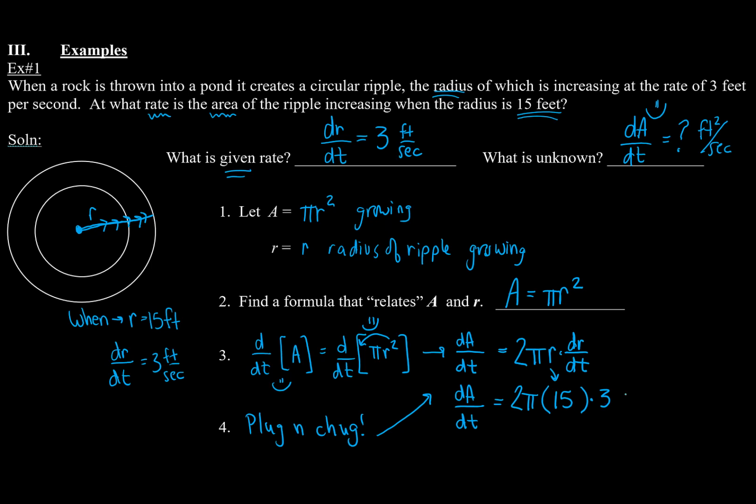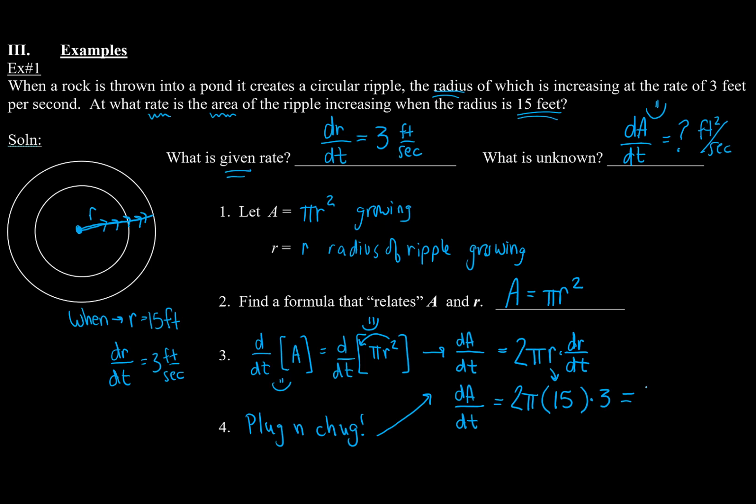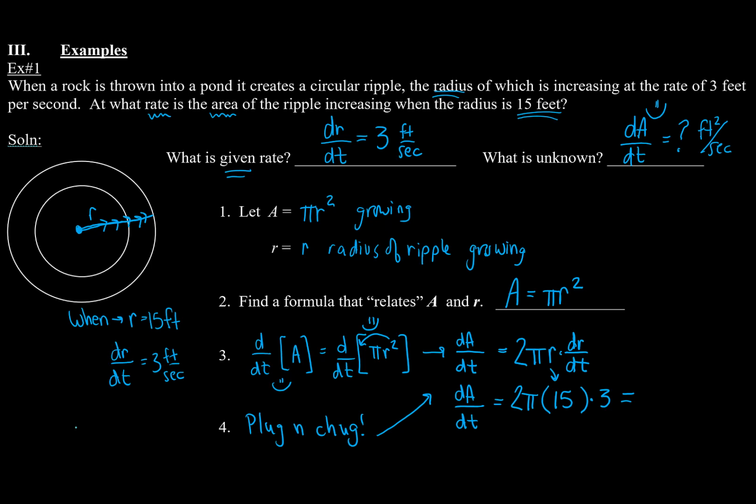Once I have everything plugged in, I can go ahead and solve for the change of area with respect to time. I'm going to end up with 2 times 15 times 3, which is going to give me 90 pi feet squared per second.